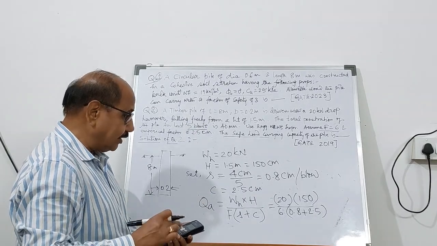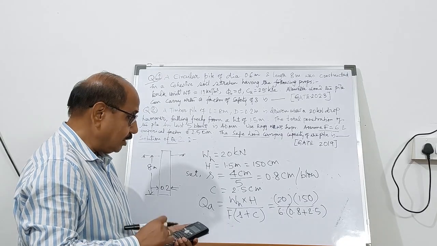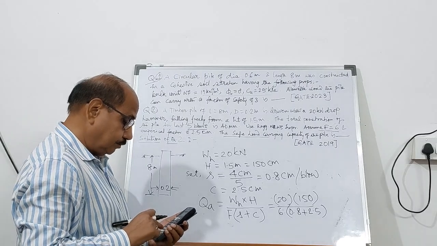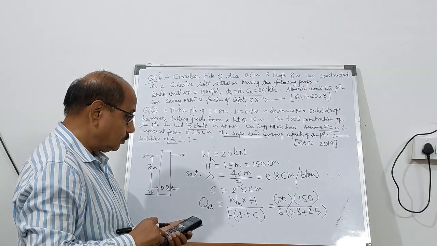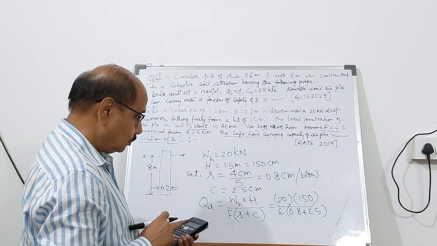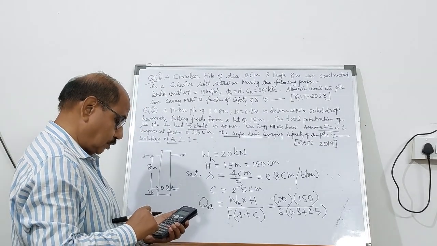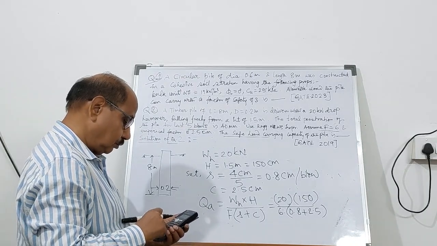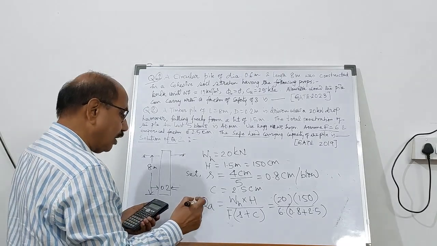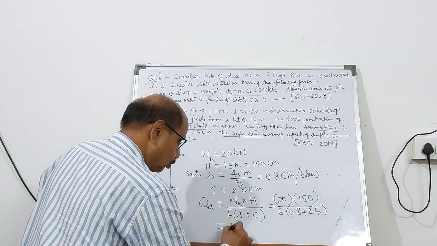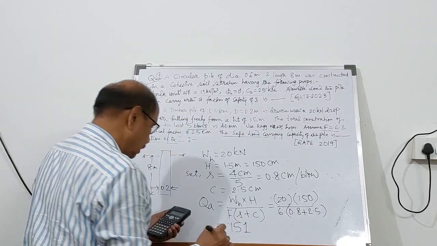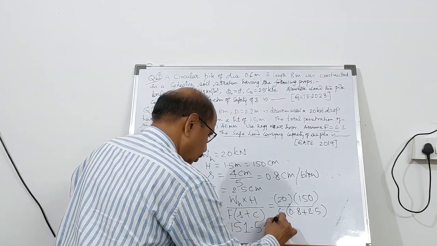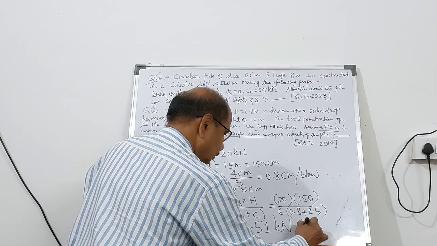Let's calculate it: 20 multiplied by 150 divided by 6 times 3.3 comes out to be 151.51 kilonewton. So this is the answer.